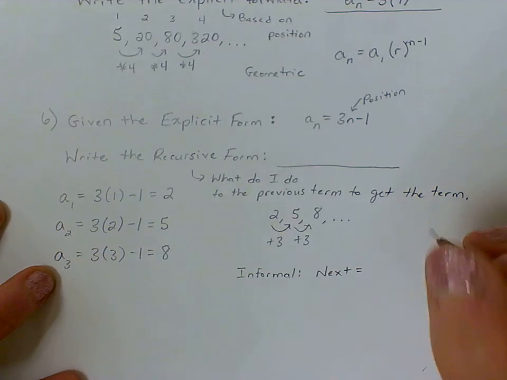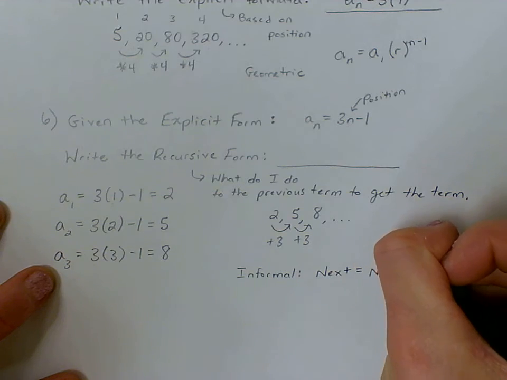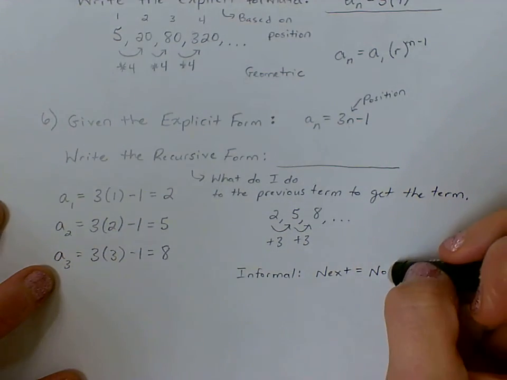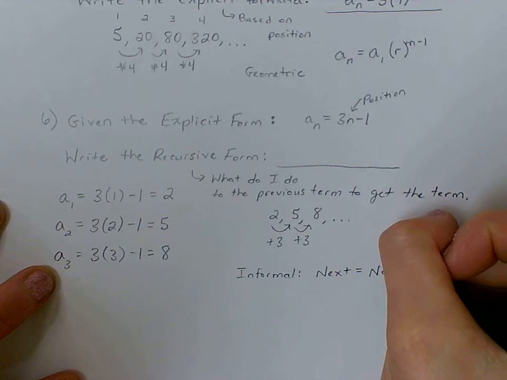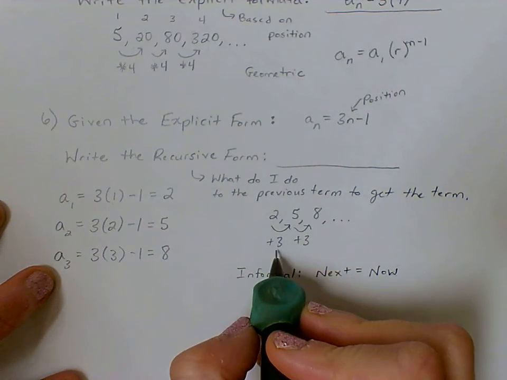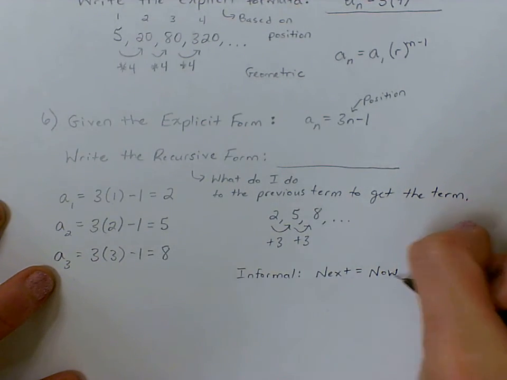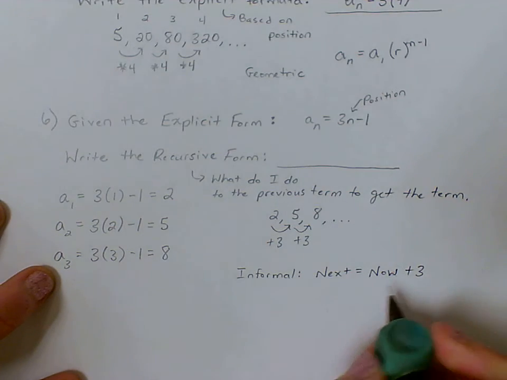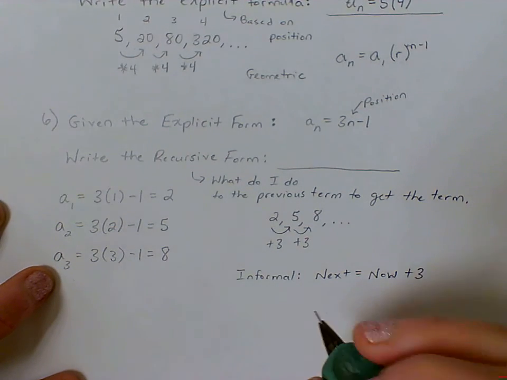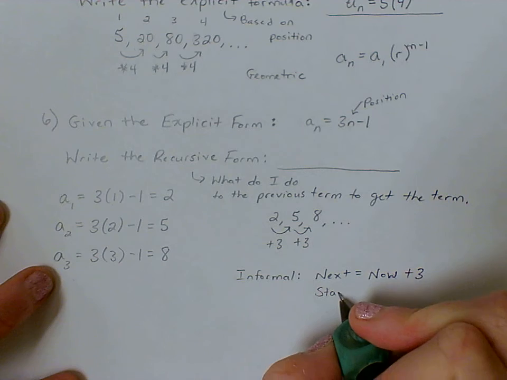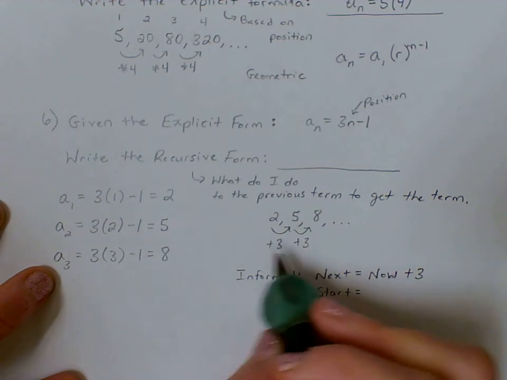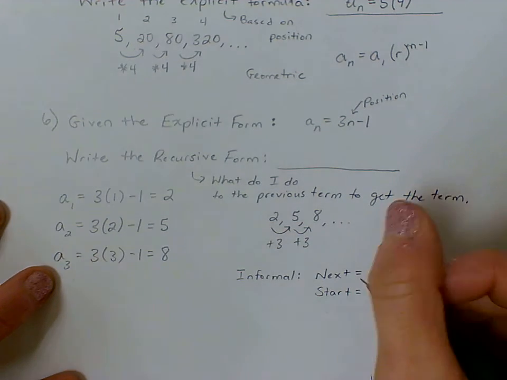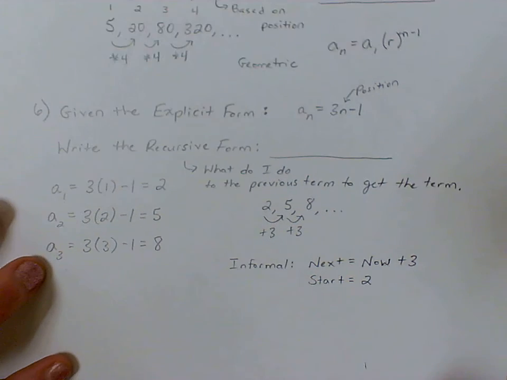Well, I would be taking the term I have now and adding 3. So I take what I have now, I add 3 to get to the next term, okay? And then remember, the other thing you have to write is where it starts. Where does this sequence start? And so it starts at 2. So that's the informal way of writing it.